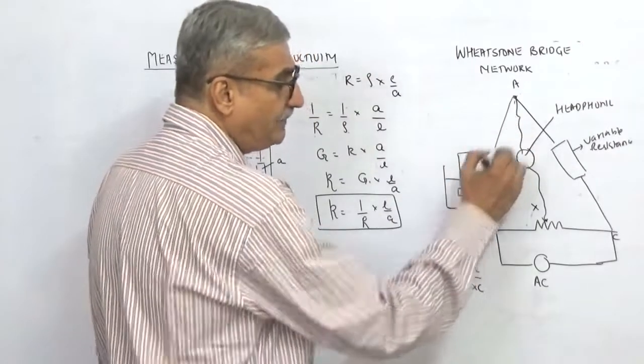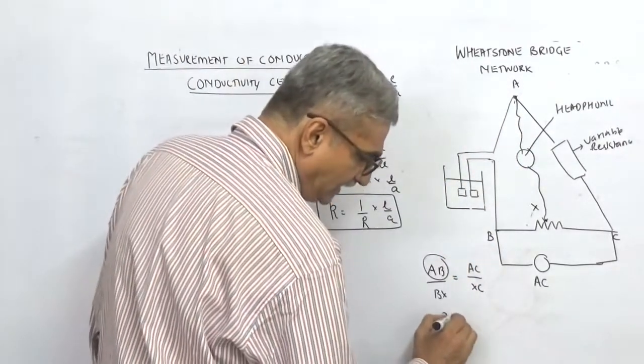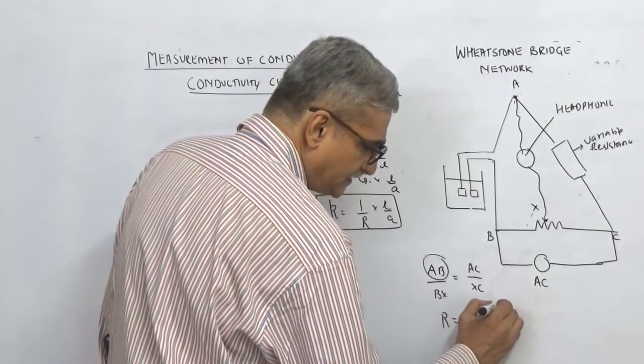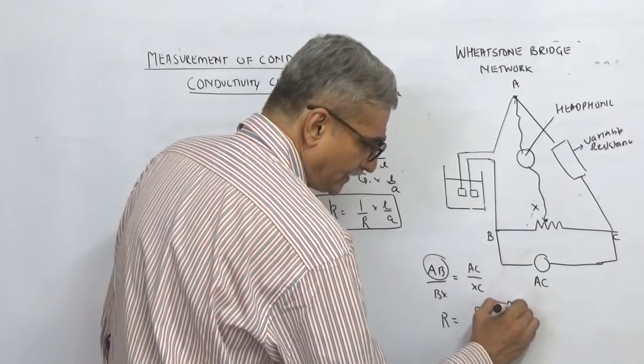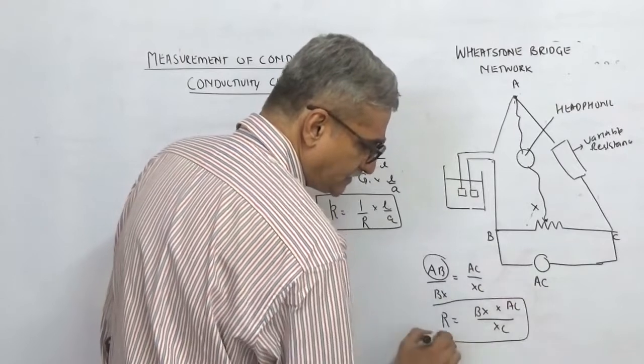So what is your AB? AB is the resistance of the cell. So R, the resistance, is equal to BX into AC upon XC. So you get the resistance.